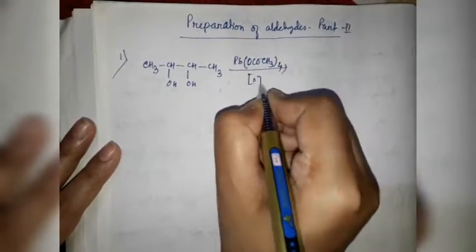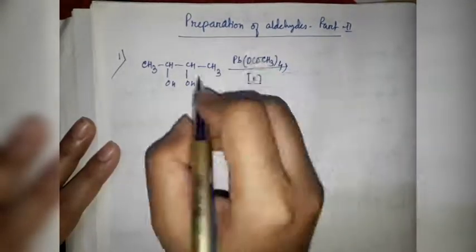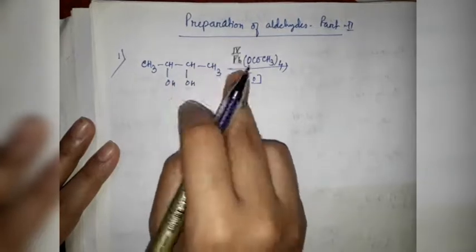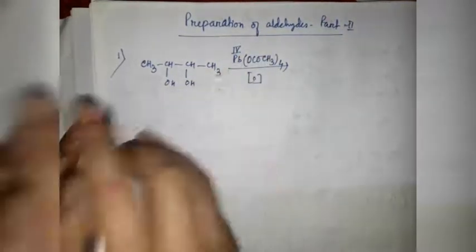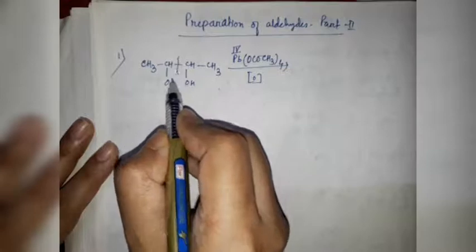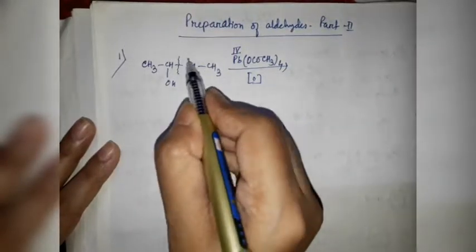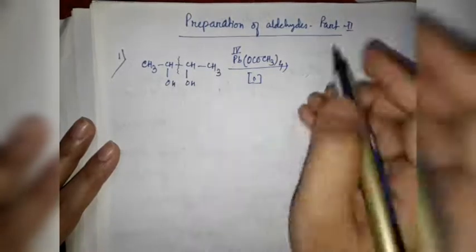Oxidation reaction occurs over here and this is the oxidizing agent. The oxidation state of lead is +4 over here, and after the reaction this bond will break and we will get acetaldehyde from this part and another molecule of acetaldehyde from this part.